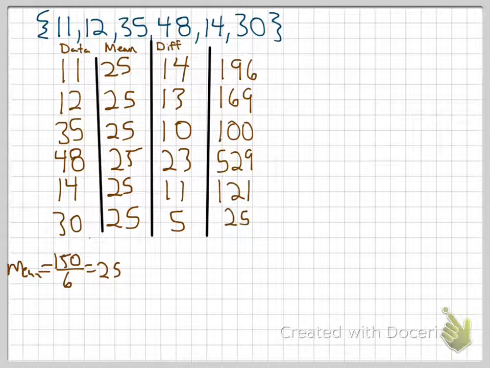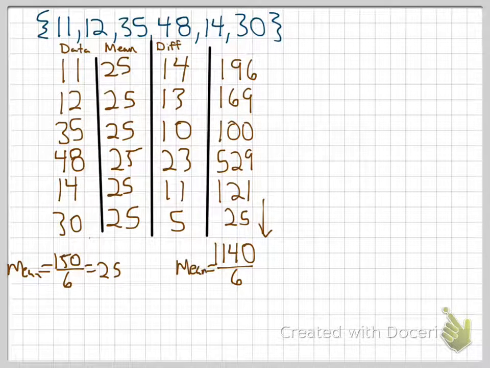Now we want the average of this, because the variance is going to be the average of these values. So I add them all up. I get 1,140 divided by 6, so this is the mean, and it comes out to be 190. So this is that value we call the variance.